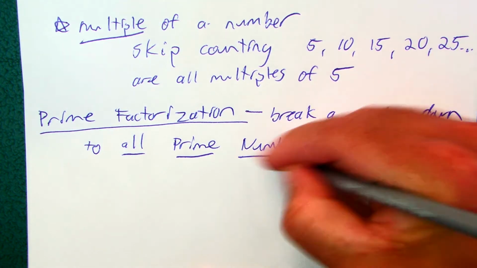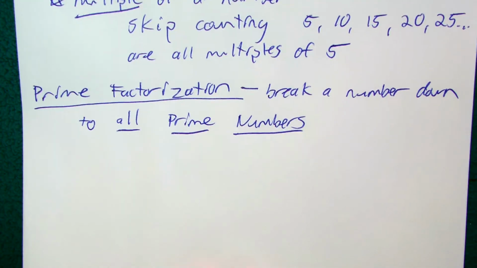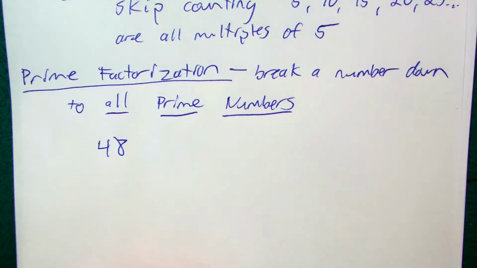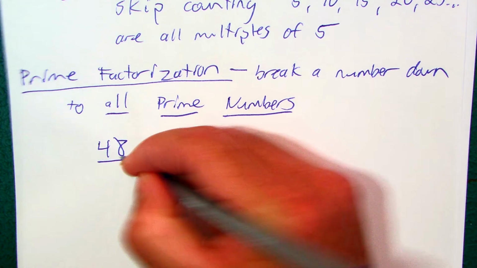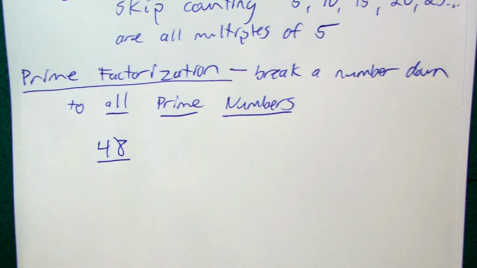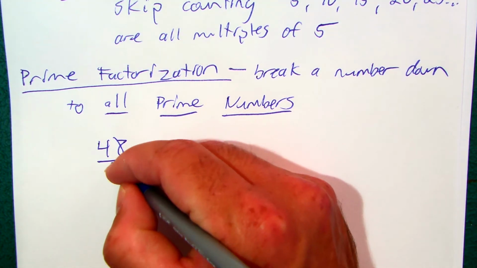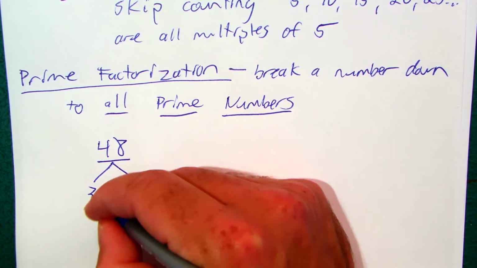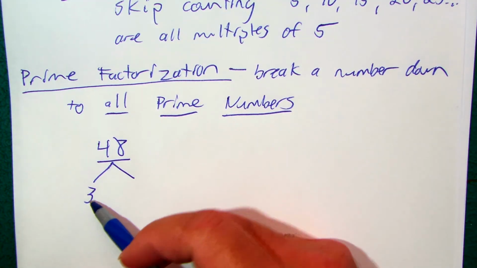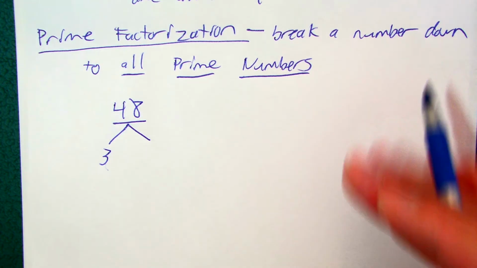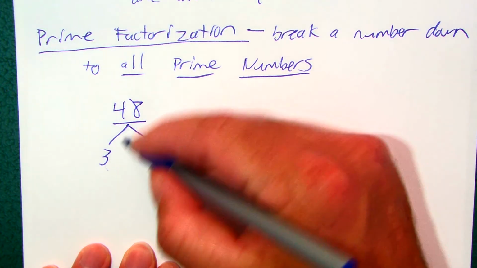So we can go back up to 48. You can start this off any way you want. If you want to break it down 6 times 8, 4 times 12, 3 times 16, it does not matter. I'm going to go with 3 and 16, just because 3 is prime. So you're going to make one of these factor trees, and you're going to stop whenever you hit a prime. So 3 is prime, but I did 3 times 16.